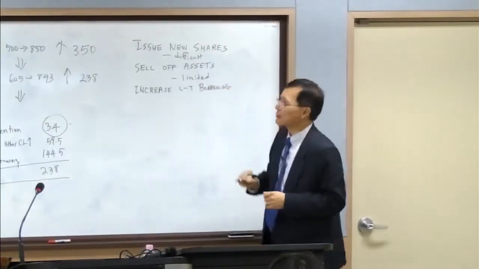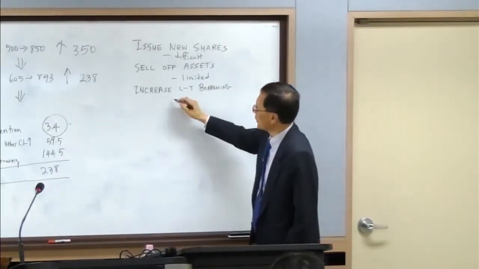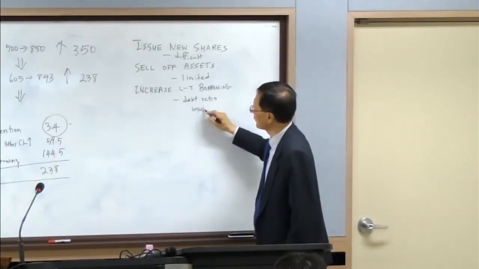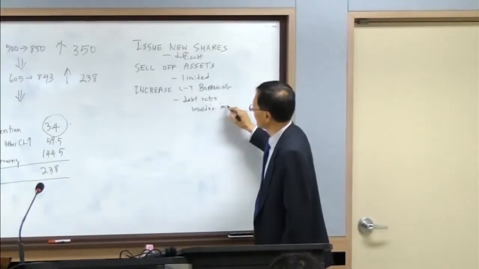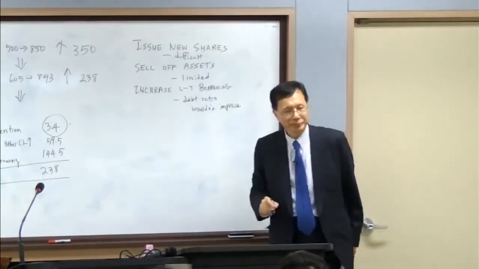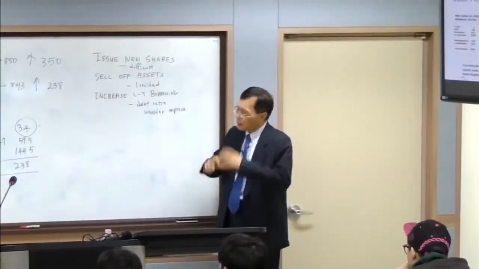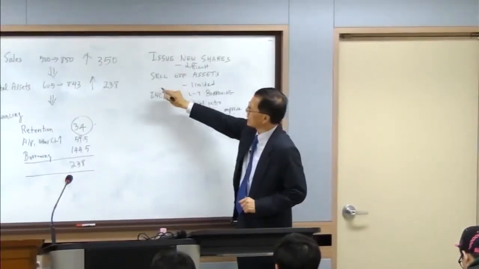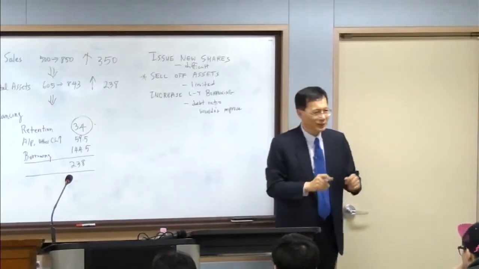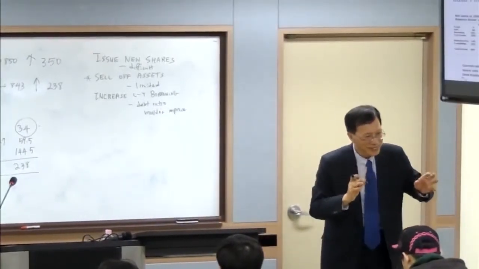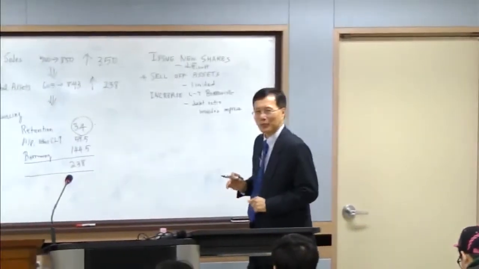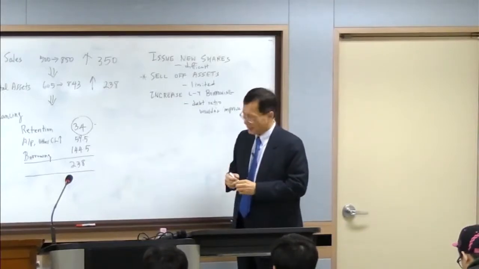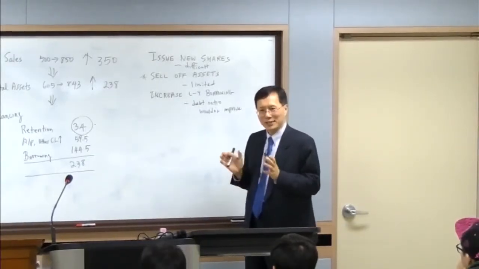Increase long-term borrowing. Yeah, that's possible, but the debt ratio wouldn't improve. But I get an idea from this selling of assets. Your name was? Chun Kwang-hee. I got the idea from Chun Kwang-hee, who said sell off some assets. The company does not have much assets to sell, but I come to think of it.